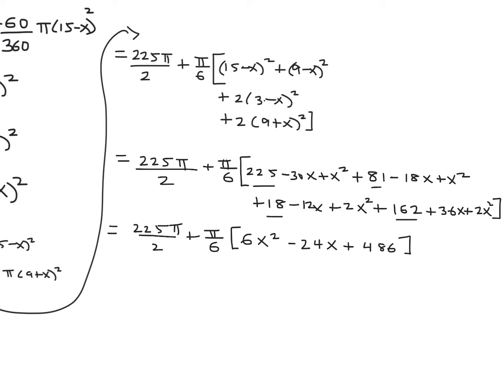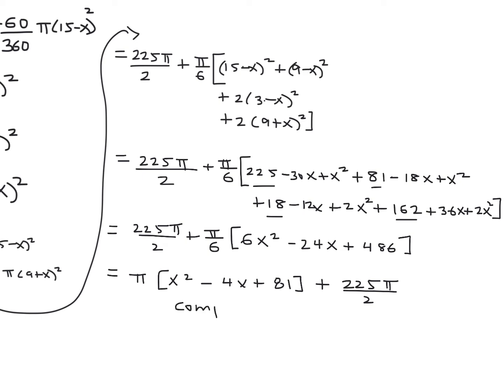Okay, so that's not so bad, right? Okay, good news is these 6's cancel. So we got an x squared minus 4x plus 81. All right, good. And then we'll put this 225 pi over 2 out here. Okay, perfect. Now we can get to the sort of final step, which is completing the square.